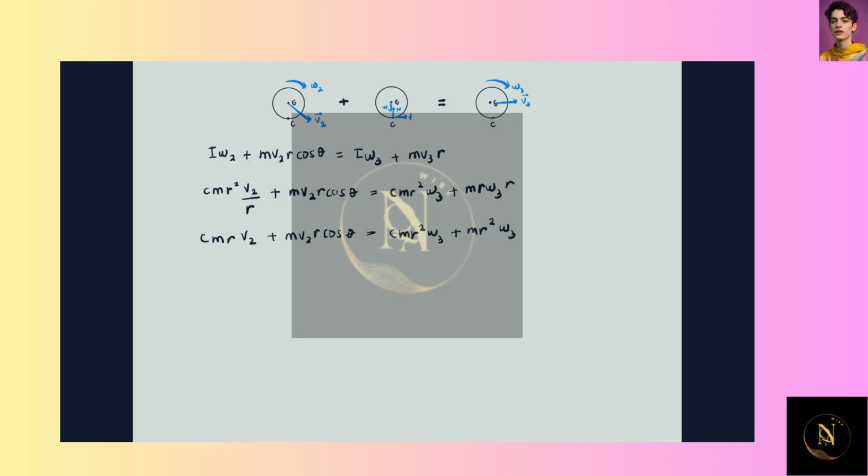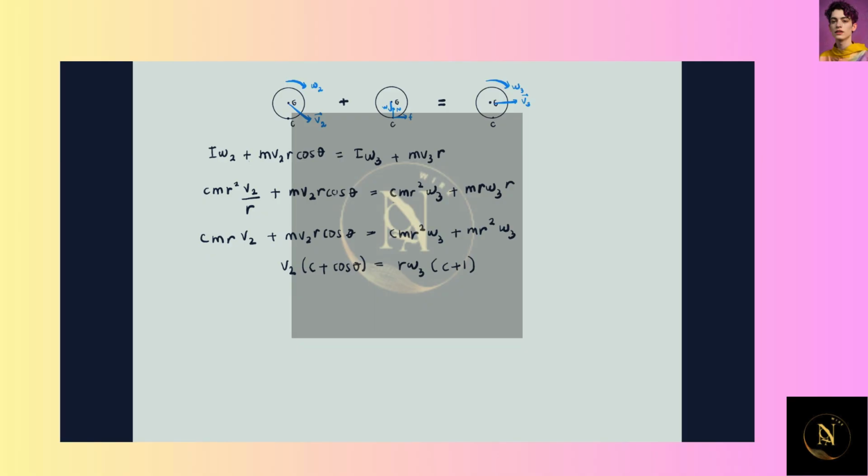We can factor out m r on both sides, and this will be cancelled out. Our equation is reduced to v sub 2 times c plus cosine theta equals r omega sub 3 times c plus 1.